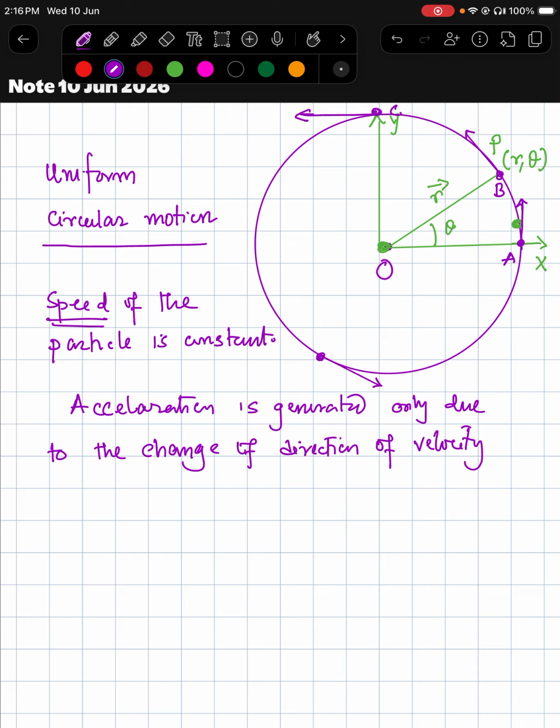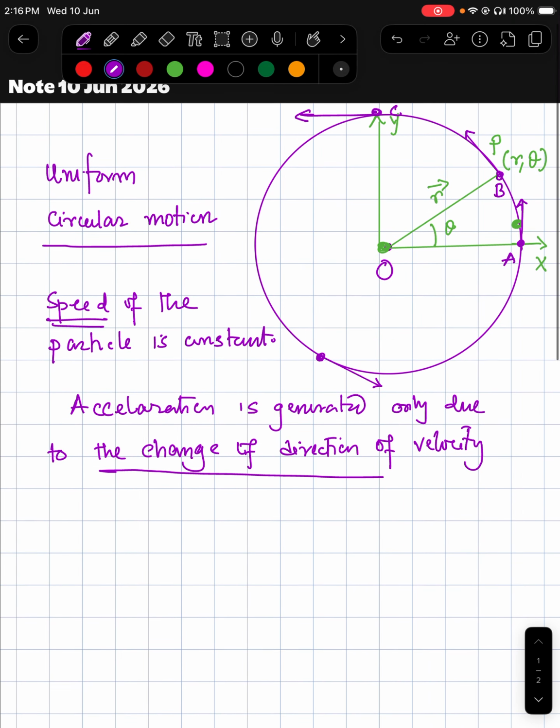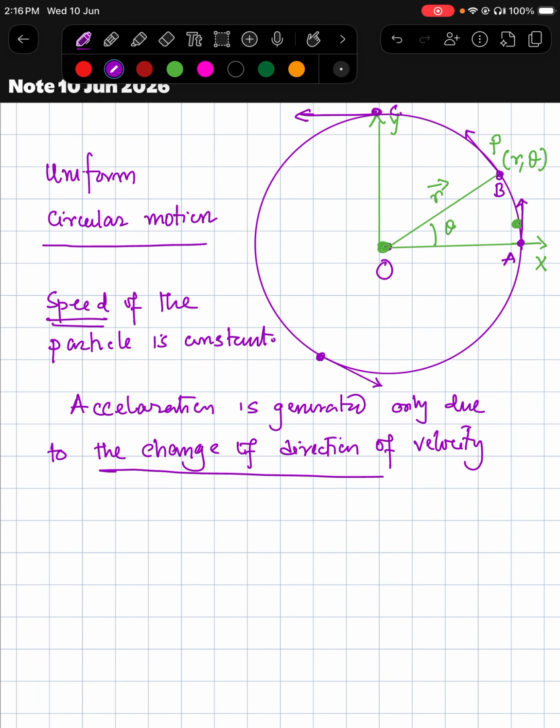It is not generated by the change of magnitude of velocity. It is only the change of direction. Is that clear? So now we are going to find the acceleration, with its direction, and the force acting on the particle which actually produces this acceleration. Good.